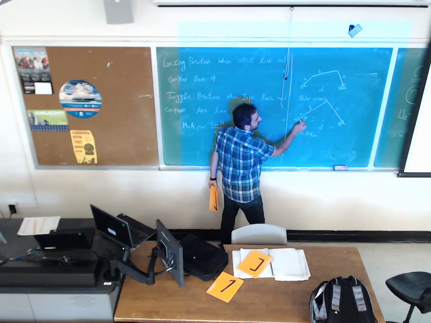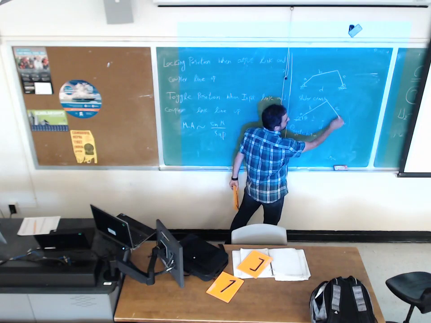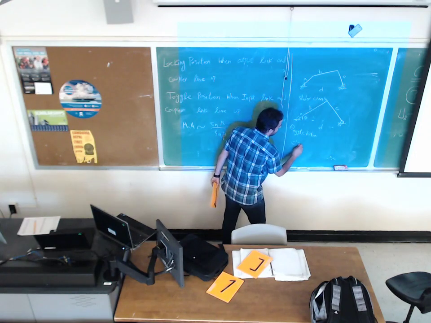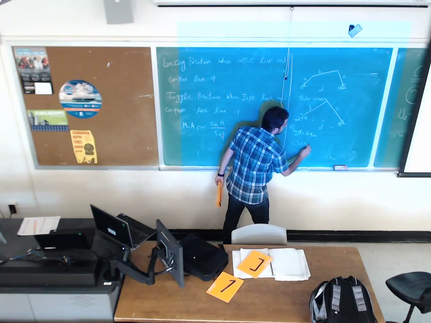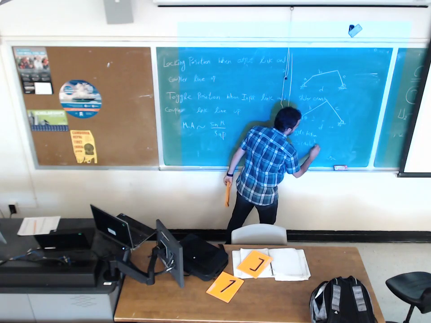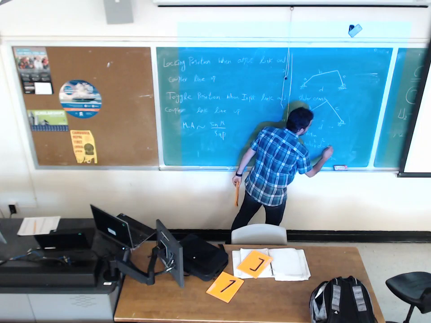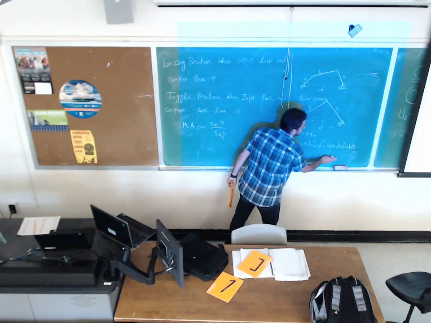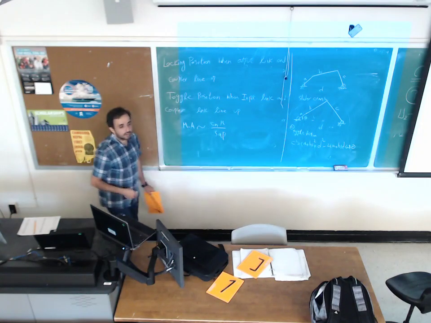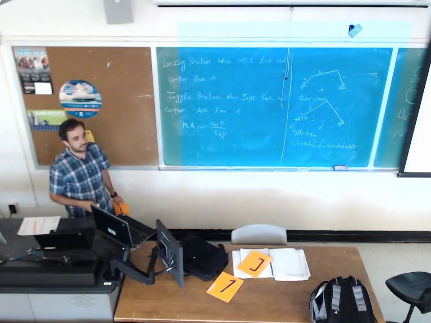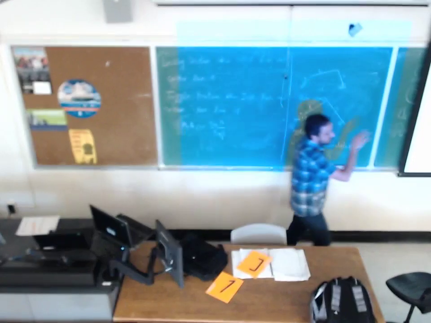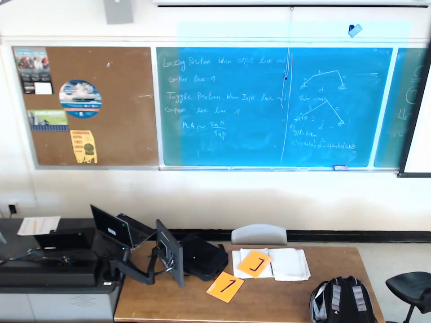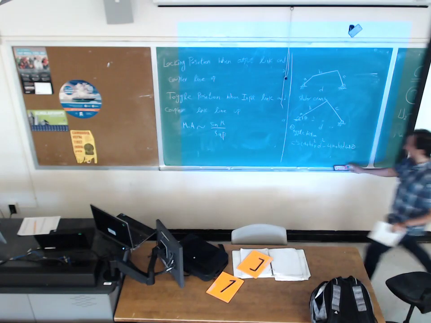We are looking for theta, so I'm writing the cosine rule for this triangle. So c squared equals (a plus b) squared plus d squared minus 2(a plus b)d cosine of theta. And solve for cosine of theta. Good? You just see the different ways that I'm using the cosine rule to get different angles.